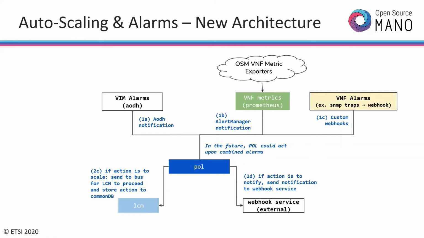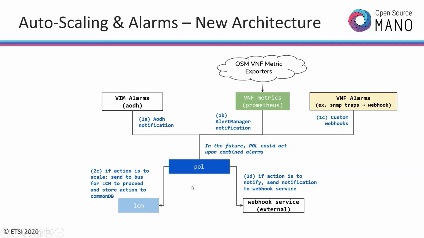So this will make it more scalable, decentralized, and there is no central entity which decides on the threshold and then the policy to alert, when to alert and how to alert. So every entity has now its own way of alerting, and then the alert comes to POL, and then POL can take it further. It also gives you much more flexibility in POL in the future.